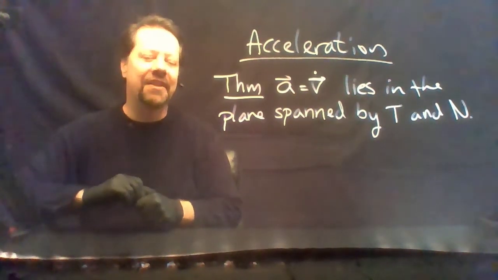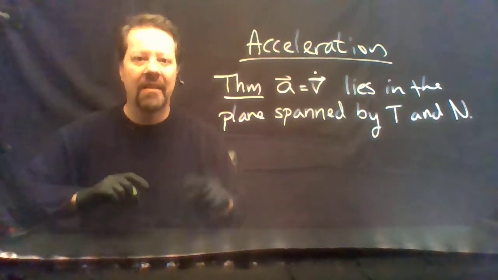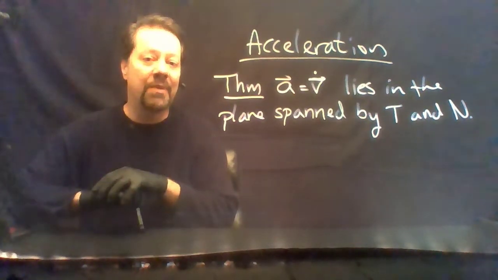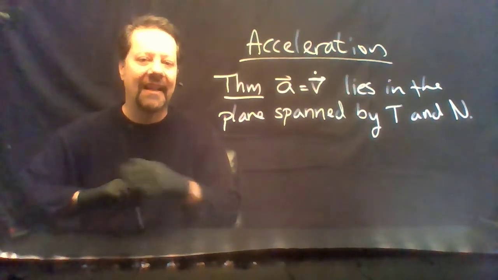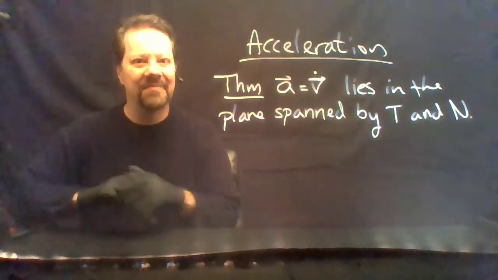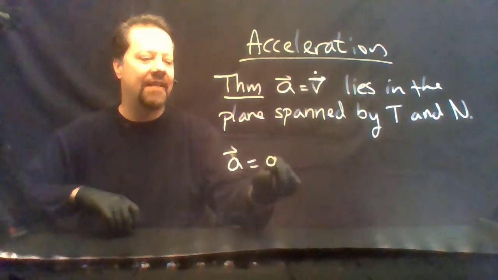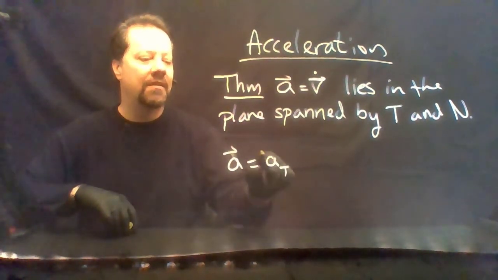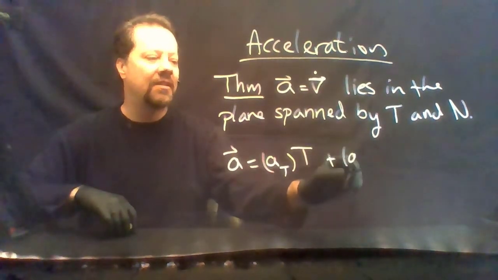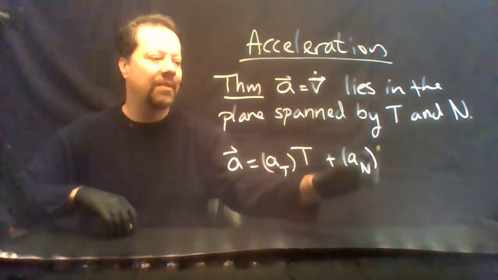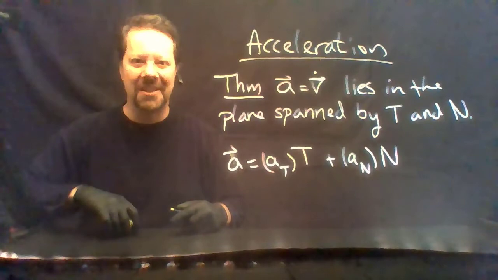An acceleration vector never has a component pointing in the direction of the binormal. The acceleration vector can always be expressed as a combination of the unit tangent vector and the principal unit normal vector. In other words, the acceleration vector will have some scalar multiple called a sub t of the unit tangent vector plus a scalar multiple times the n, but with no part in the direction of the binormal.